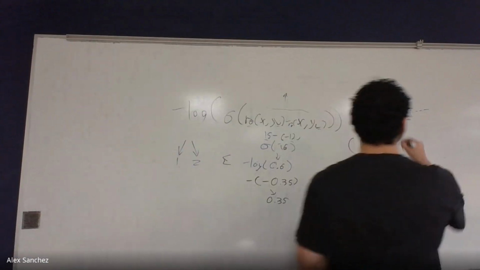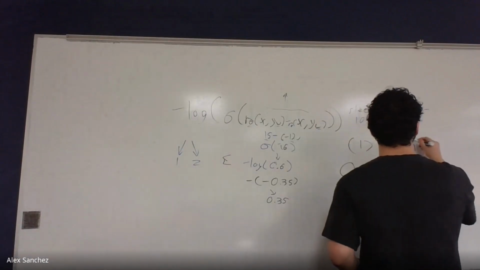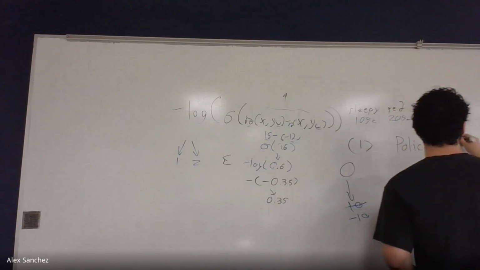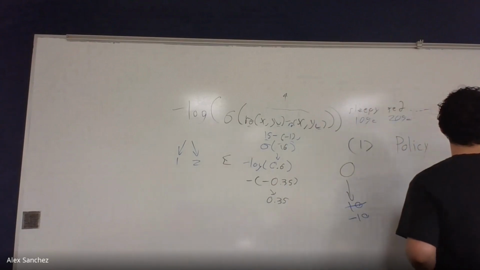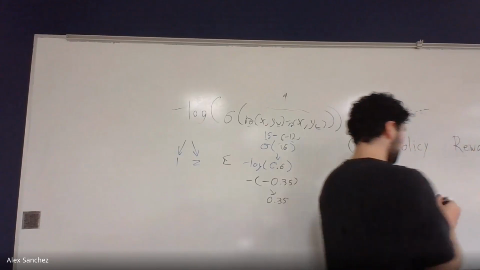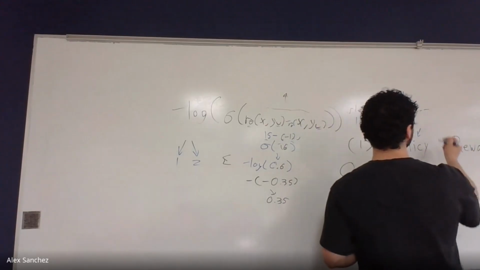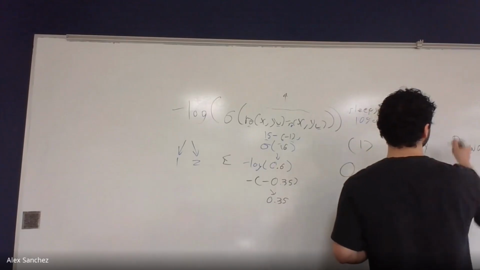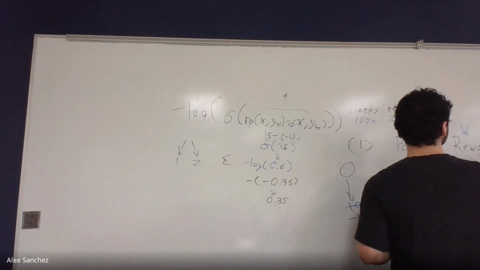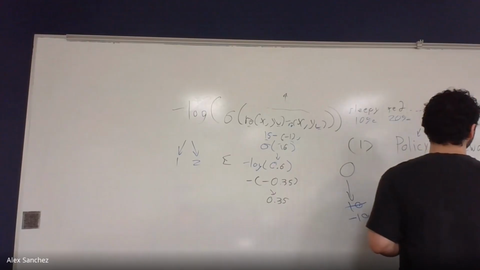We have our policy model. We have our reward model. And given the input here, this outputs, and then we have those two inputs into this, we have some function. We have this number here.